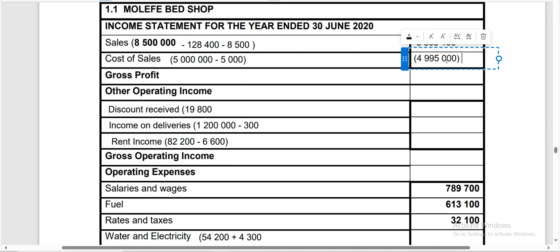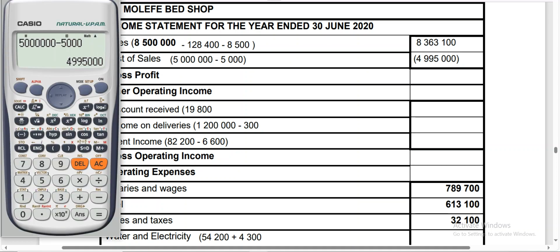The answer will be bracketed, and then from there, when we check for the gross profit, how much are we going to get? If we say 8,363,100, then we subtract 4,995,000, we are getting 3,368,100.